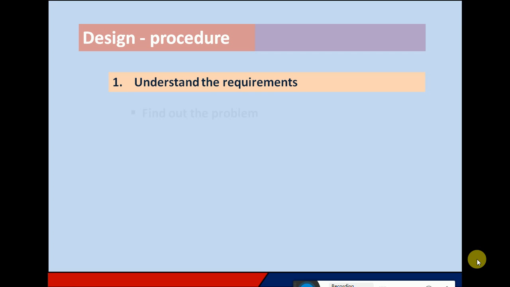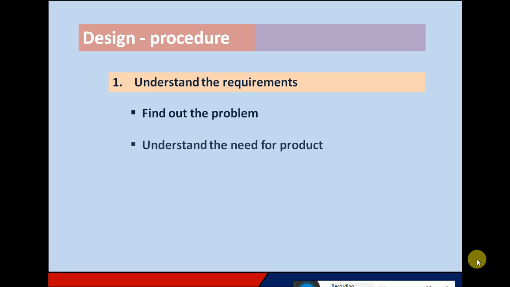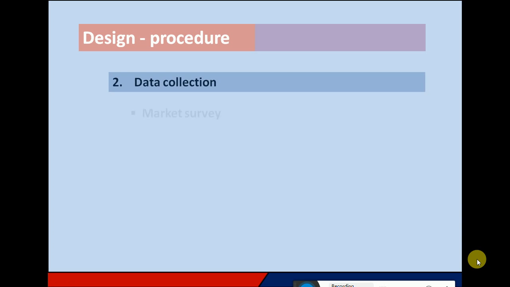First, understand the requirements. We should know and find out the problem and understand the need for the product, why this product is required. Second point is data collection. For this we can do a market survey. We can check existing similar products of competitors.